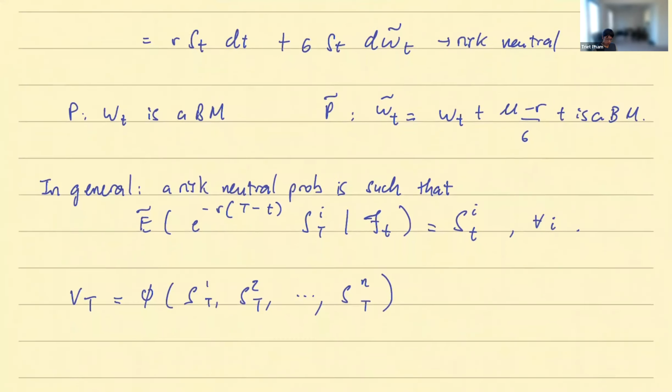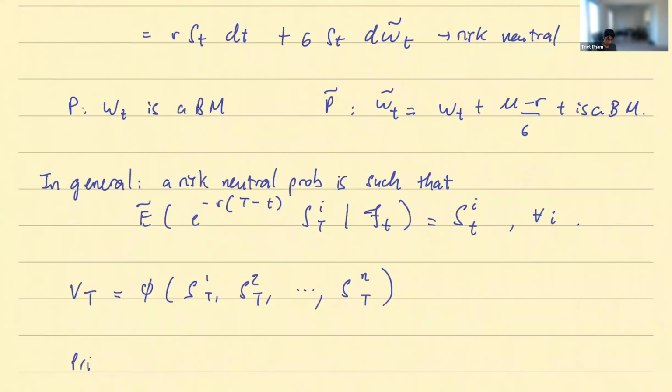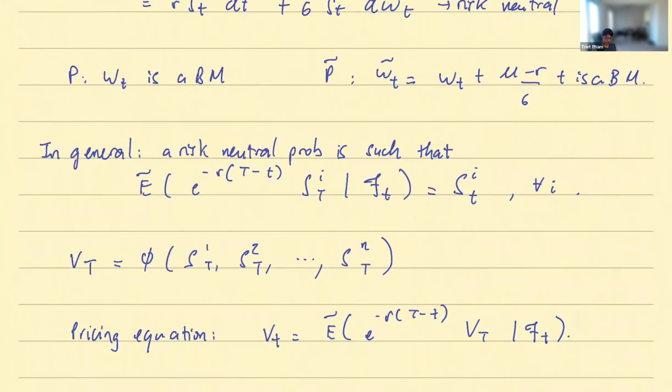Then you can use the same pricing equation, which would be this. So there you go. That's pricing in a couple lines.